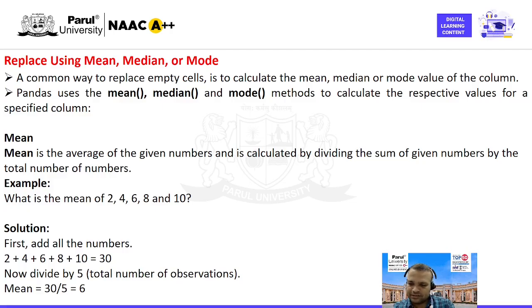You will get 30, divided by 5, so the mean is 6. If you have some empty cells in this column, you will replace them with this mean, 6. So this is the way to calculate the mean, and we can replace the empty cells with it.